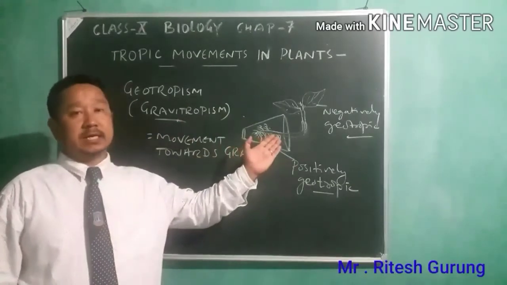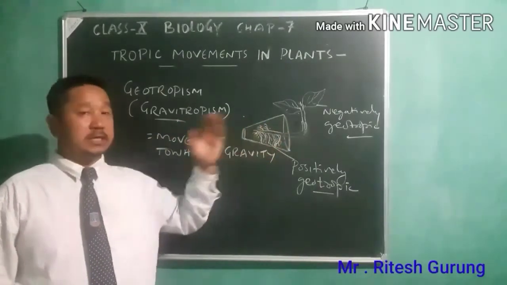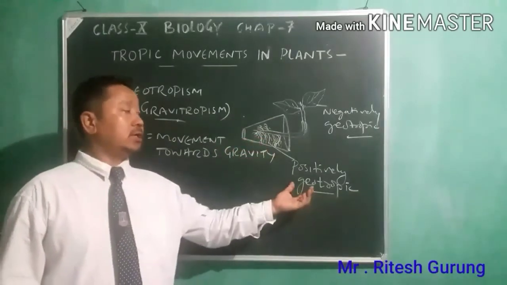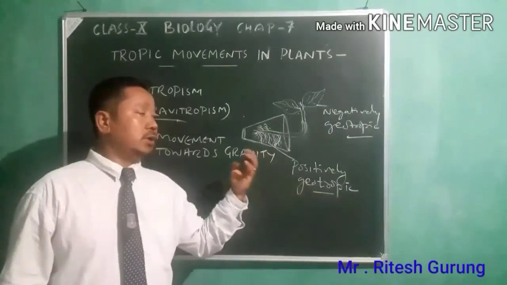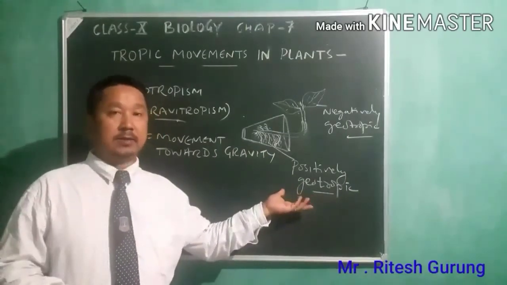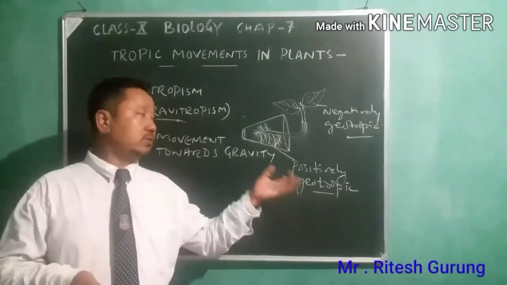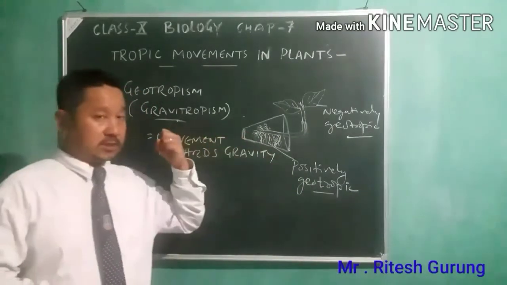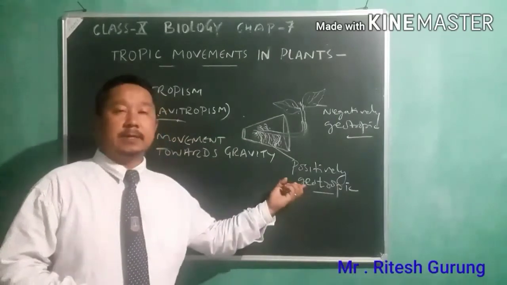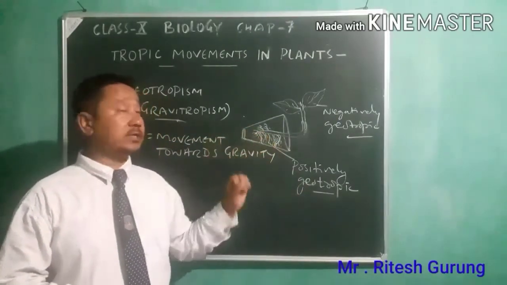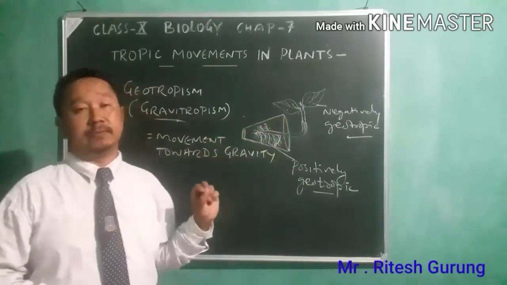It is very clearly shown. Let me repeat it once again. The root is showing the movement towards the soil, because the soil, as I've told you, has to supply water and minerals, it is attracted by the gravity of the earth, and the root also has to fix the plant to the soil.